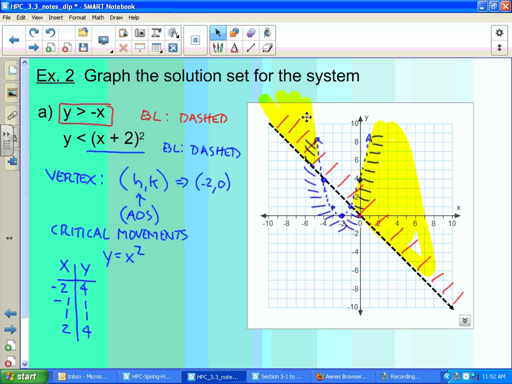It would be very difficult to use interval notation because I've got some weird things going on with x values and y values, so I can't use interval notation because I have to do it graphically. What other questions? There was another hand over here.